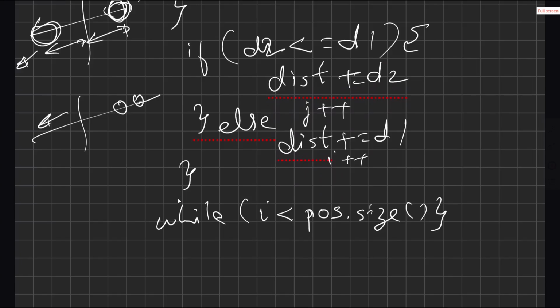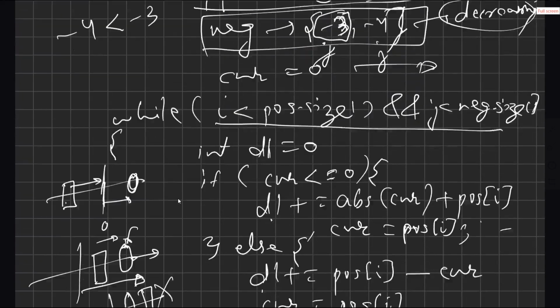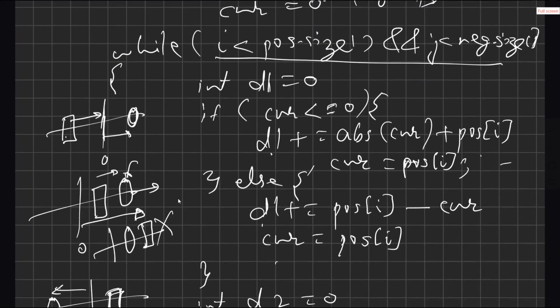So in that case simply you'll have a distance 1. Initially it will be 0. Now again we'll have to check the same thing, current. If your current is less than or equal to 0, same thing, whatever we had, we'll have to copy. Let me just copy.